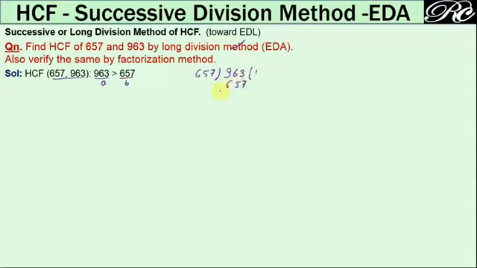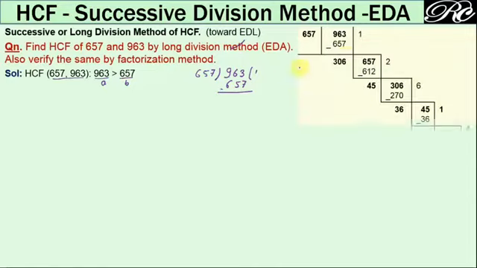Taking the difference, we get the complete division, with all the steps as follows. 963 is taken as dividend and 657 as divisor. Then 657 will go only one time. So take the quotient as 1, putting 657 here, take the difference from the dividend, and we get the remainder. Remainder is 306.